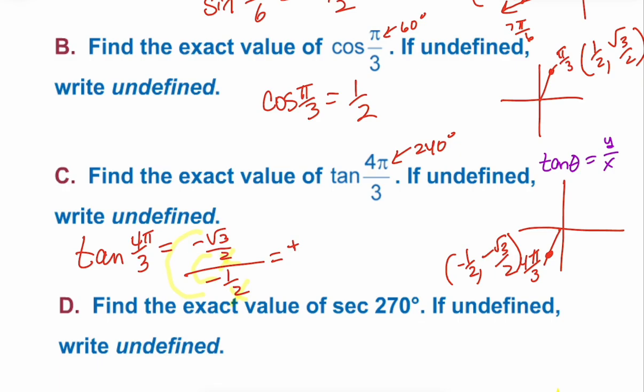So you just end up with a square root of 3 in the top and a 1 on the bottom. So when you are at a pi over 3, you get square root of 3 over 1 for a tangent. If you're at a pi over 6, you get 1 over square root of 3. It reverses that. And so our final answer is square root of 3.